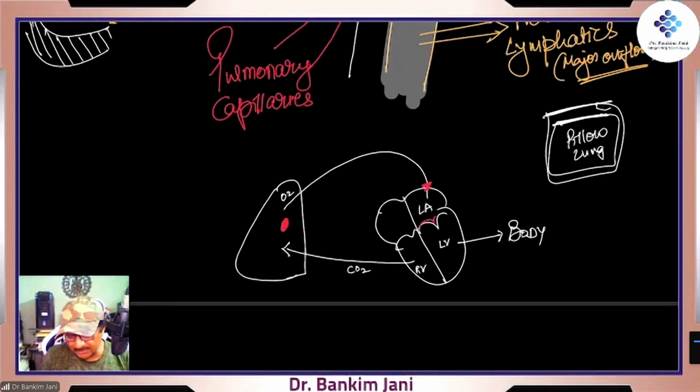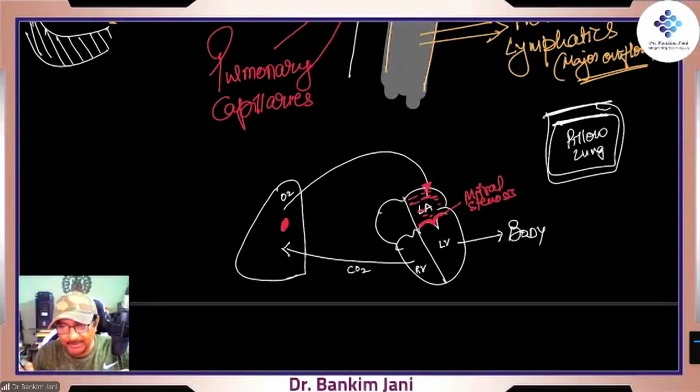Well, what if this valve is not open? Mitral stenosis. Stenosed, meaning that valve has become smaller. It is not opening fully. It has narrowed. That leads to back pressure, so there is so much blood pressure here. When this innocent lung tries to push the blood into the left atrium, it won't be able to do it easily, because it is like a stadium which is already full of people.